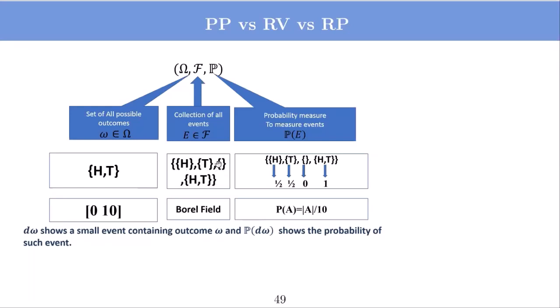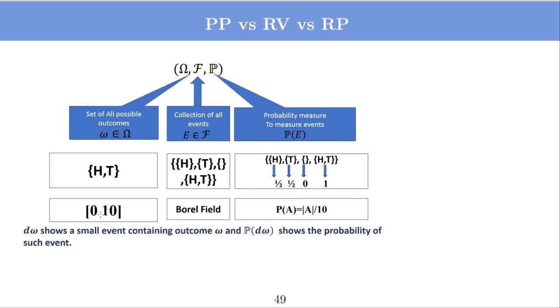These are all events, and the collection of these events is F. And then I assign a probability to each of these events. I say the event of getting a head is half, getting a tail is half, getting either is 1, and getting nothing is 0. That will be my probability measure. This function which assigns probability to each of the events is my probability measure.